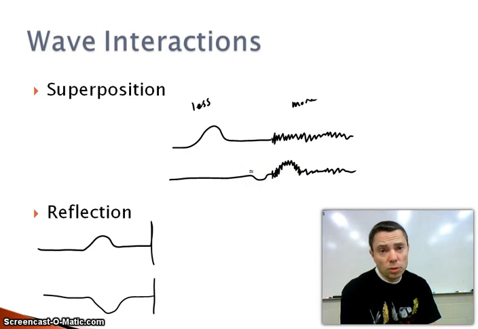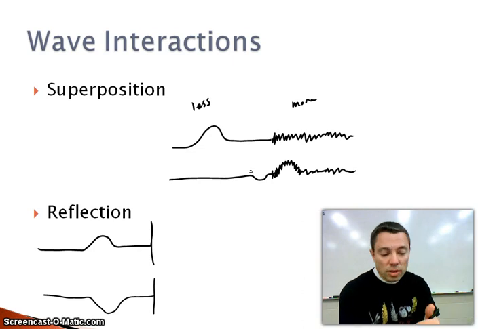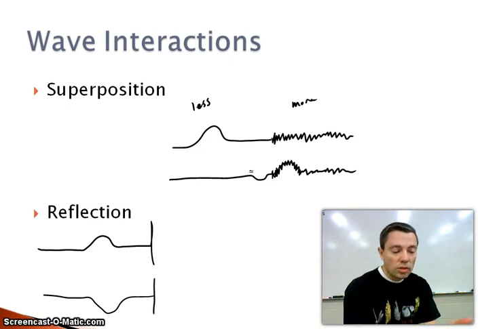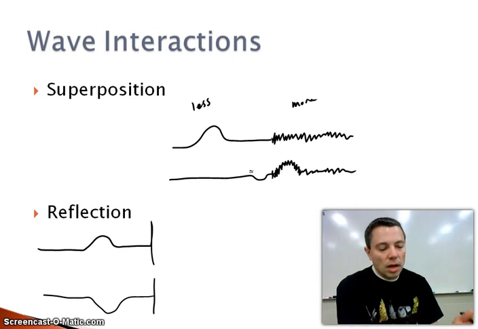The reverse would be true going from a more dense medium into a less dense medium. We would see a change in our frequency or period, due to the fact that the energy is going to transfer through. Reflections happen whenever we change mediums, or sometimes when we have barriers like that.